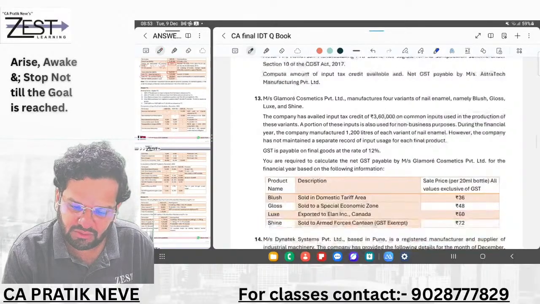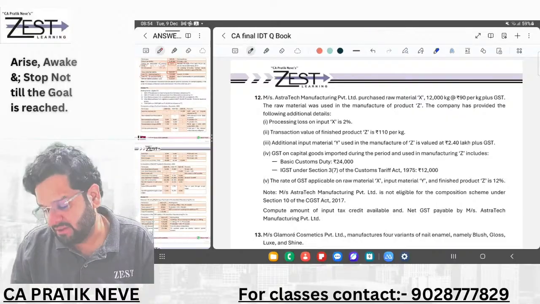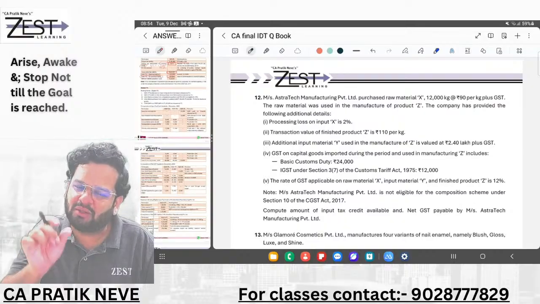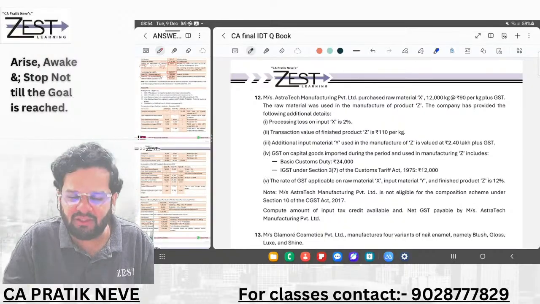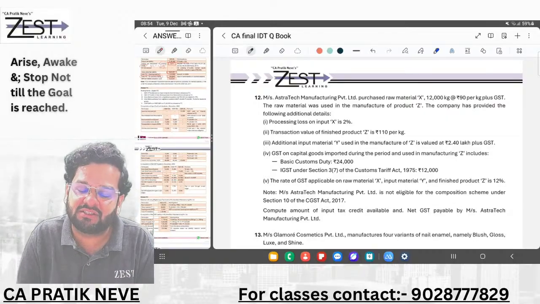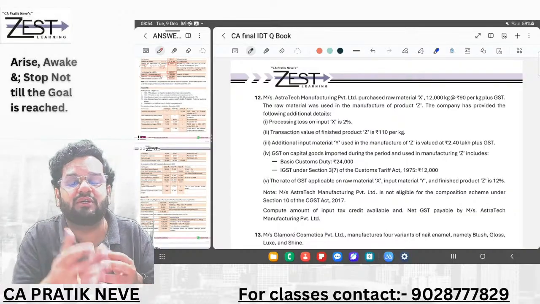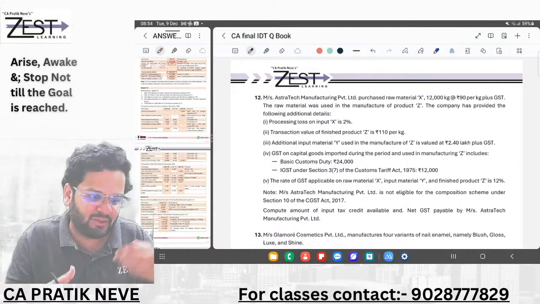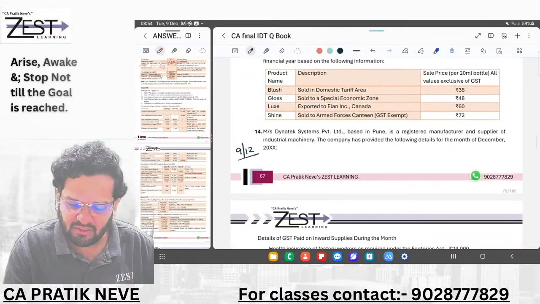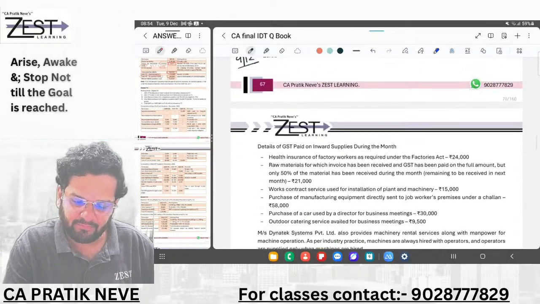Now I have to do with you some questions. So I focused right now on 16, then I focused on 17.5. To some extent, I have focused on apportionment. Apportionment you have seen just now, that is, inputs are used commonly for outward supply which is taxable as well as exempt. Of course, I am going to come back to 17, but before that, I am going to focus also on 18.